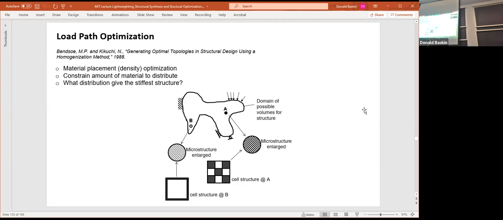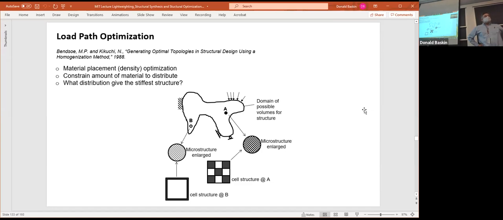So there's a great paper by Bendsoe and Kikuchi from 1988. You can go to the library and open this one up. It's a great paper. I've read it a couple times. It's lots of fun. These guys basically discovered or invented a method called topology optimization that allows an engineer to calculate the most efficient load paths through a given packaging volume.